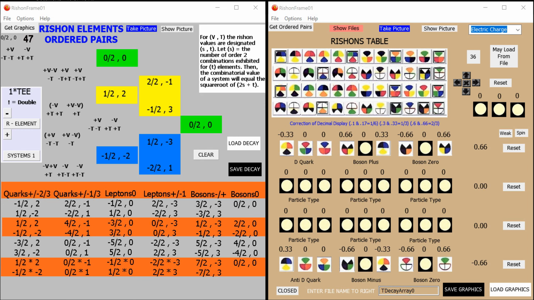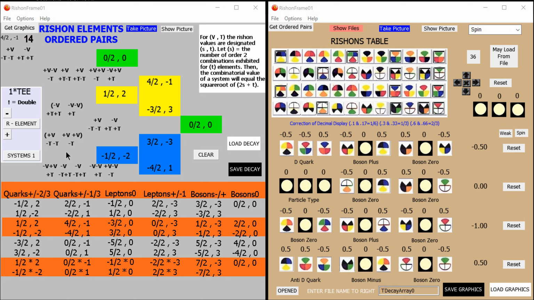So to transform from a T quark into a B quark, the T quark will emit a W boson.